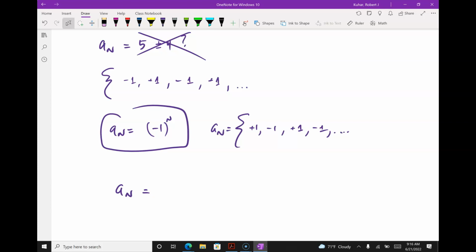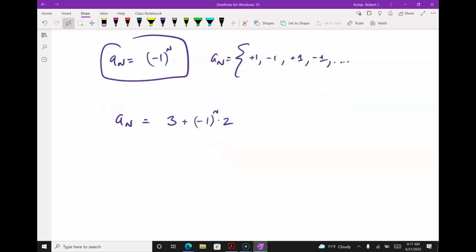The next term should be 1. Anybody gonna give us a shot here? What is it? 3? Okay, so nice. So 3 plus my -1 to the n times 2. Looks like it might work.